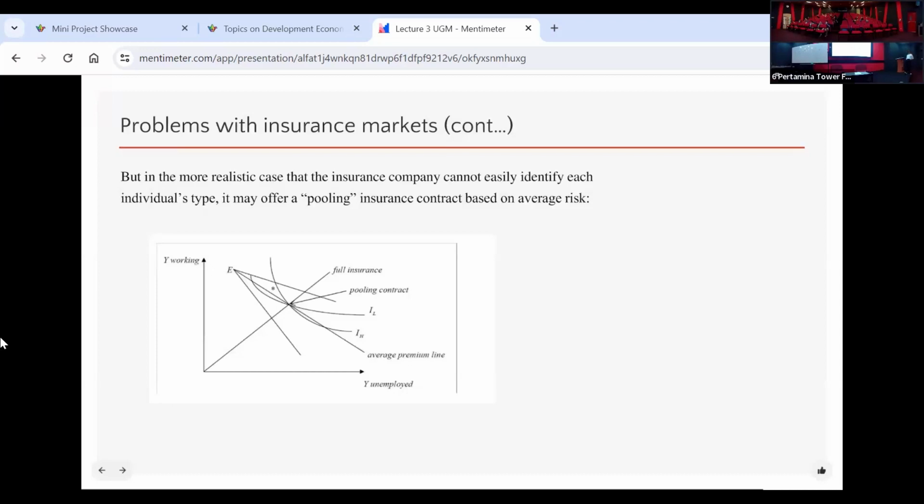I left you the paper up; the original paper is from 1976, the Stiglitz-Rothschild paper on insurance. We use it all the time. If you haven't read it, read it, because it's going to be part of your curriculum at some point. And it's interesting.